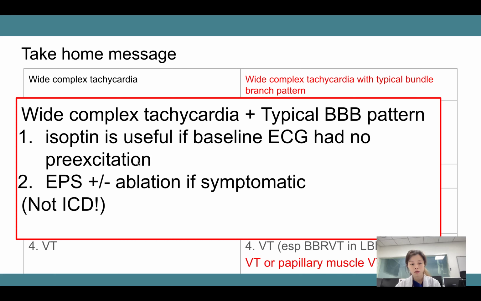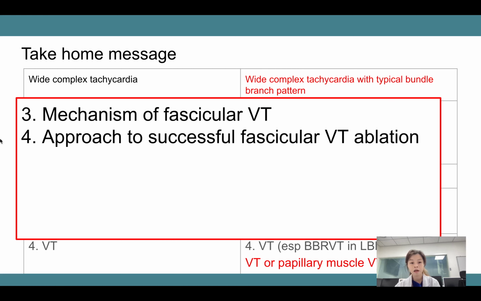Also, for symptomatic patients, EPS and ablation should be considered, but not ICD implantation. We have also talked about the mechanism of fascicular VT and also the approach to successful fascicular VT ablation.